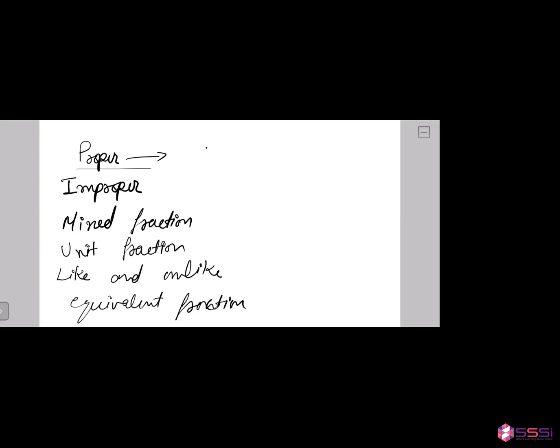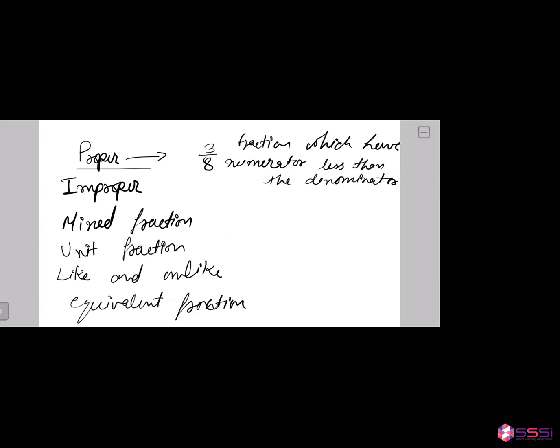Let's say 3/8. A fraction which has the numerator less than the denominator is called a proper fraction.